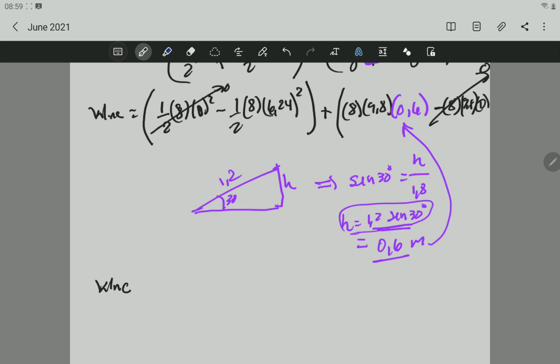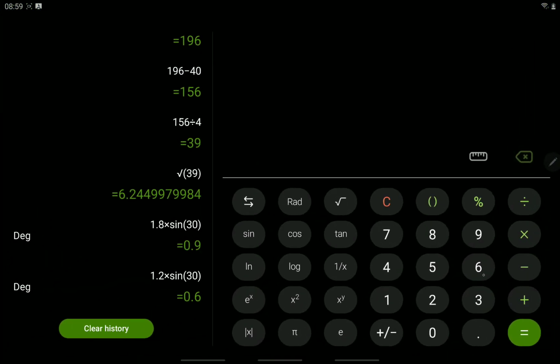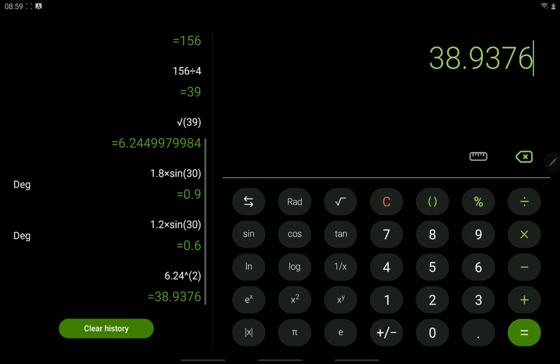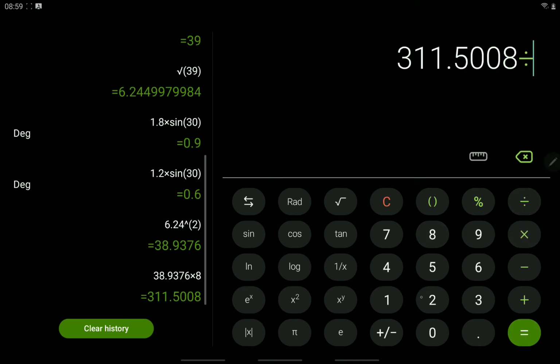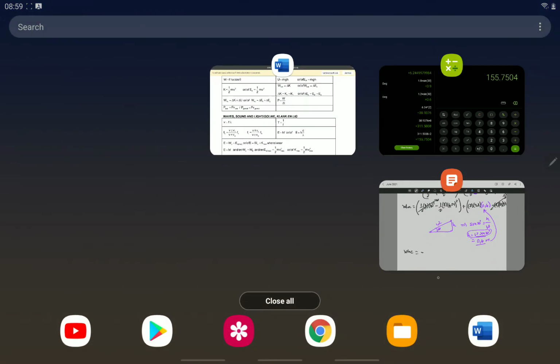The work done by the non-conservative forces is equal to, and let's do this calculation, which is negative. So let's do that calculation. 6.24 to the power 2 is 3.9376, multiplied by 8 divided by 2 is 155.75.